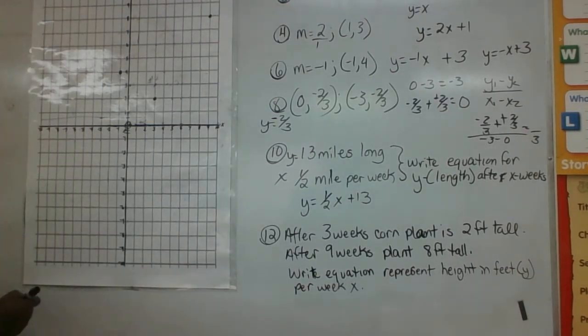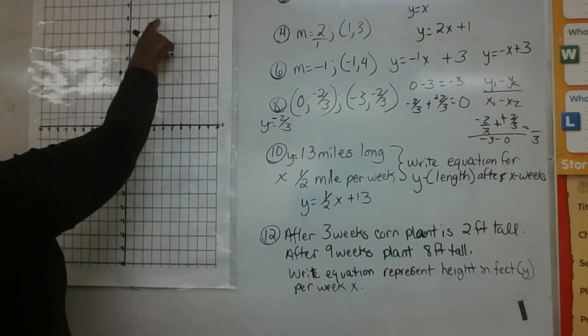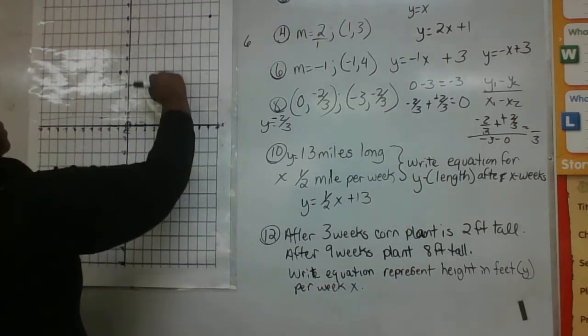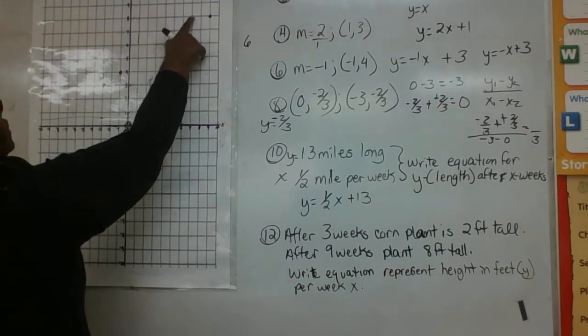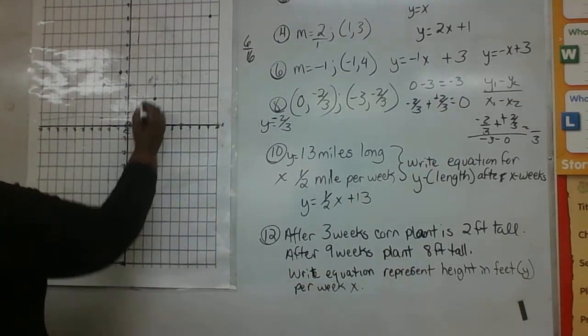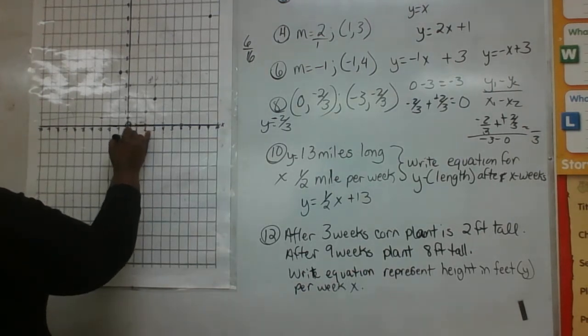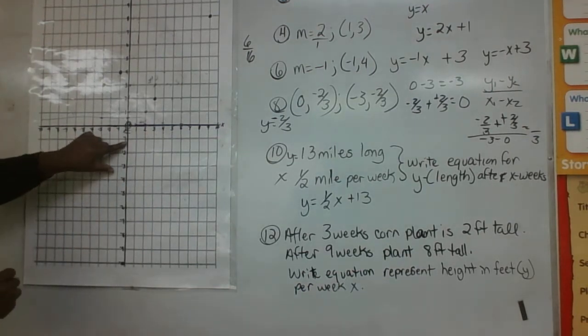All right, let's get our slope. 1, 2, 3, 4, 5, 6. 1, 2, 3, 4, 5, 6. 6 over 6. So that's 1. So it's down 1, run 1. So negative 1 is where it crosses the y.